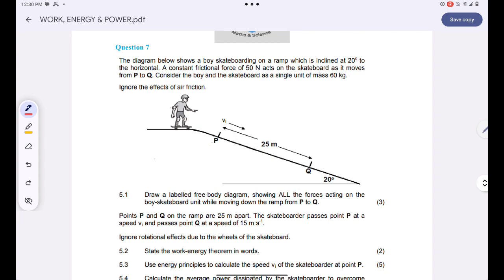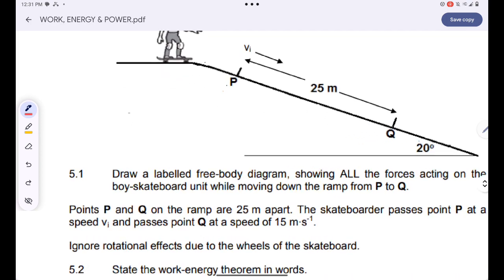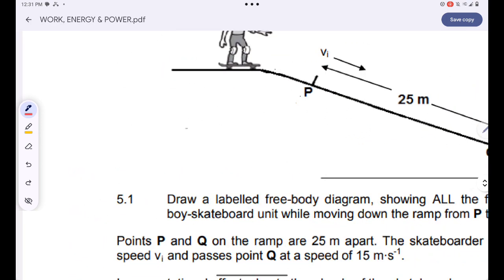Okay, first question, they want us to draw a free body diagram showing all the forces acting on the boy or on the boy's skateboard unit while moving up the ramp from P to Q. Okay, the boy is in the universe, right?